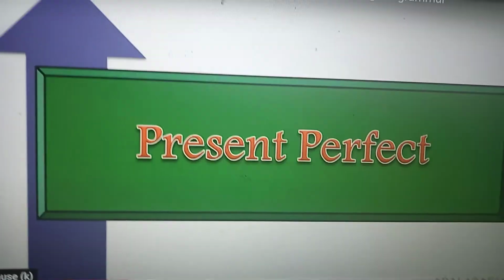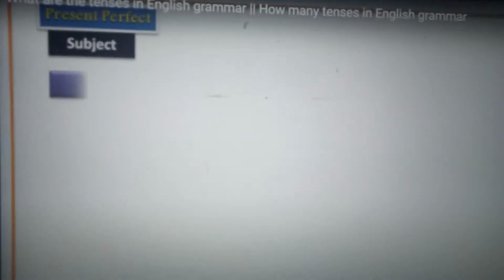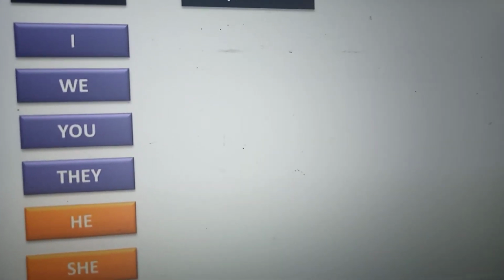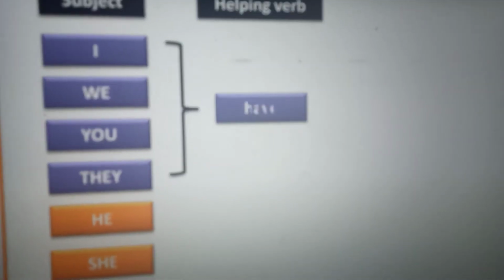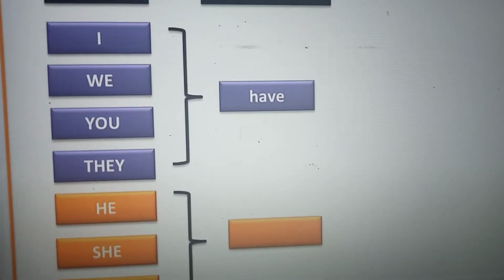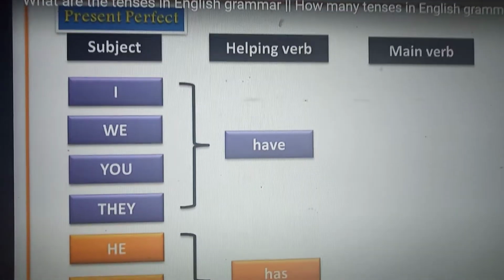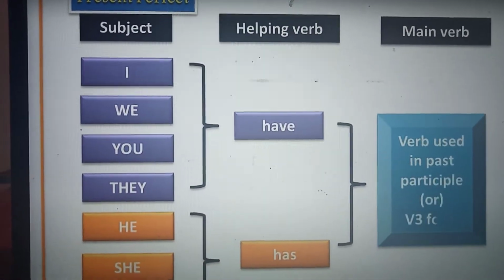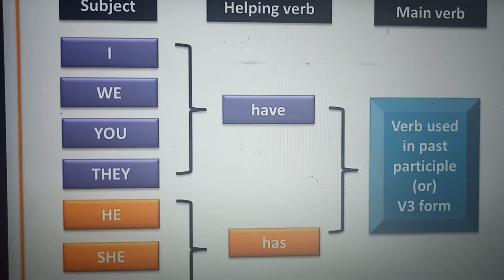Present perfect. Perfect, just remember, comes with has, have, had. Subject plus helping verb plus main verb, with the verb in past participle.